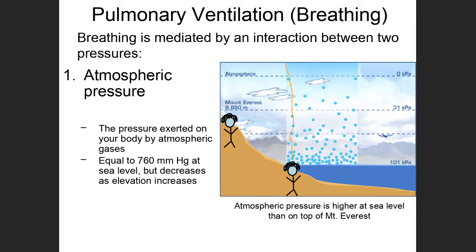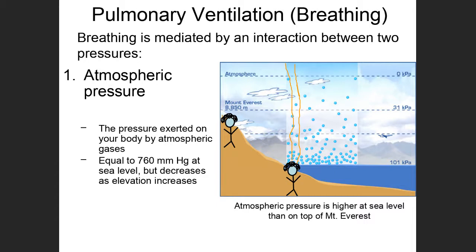Basically, we've got this column of air, right, of air molecules that extend actually hundreds of miles up into the outer atmosphere. That column of air molecules is made up of molecules which have a mass, they have a weight to them, and the collective mass or weight of all of those molecules is pushing down on your body, and that's what's creating the atmospheric pressure.